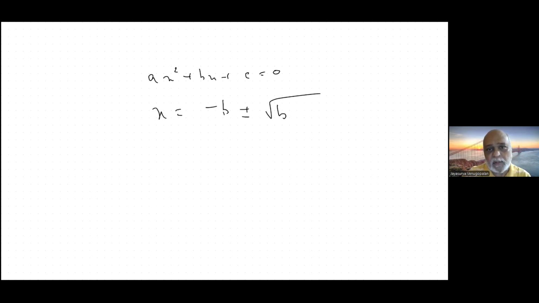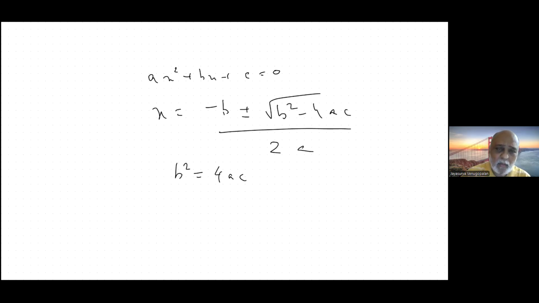So we can substitute the values of a and b and find the roots. Now the question is, what happens if b squared is equal to 4ac? Then this component will be 0, and there will be only one root, minus b by 2a.